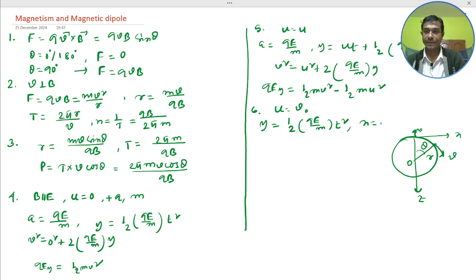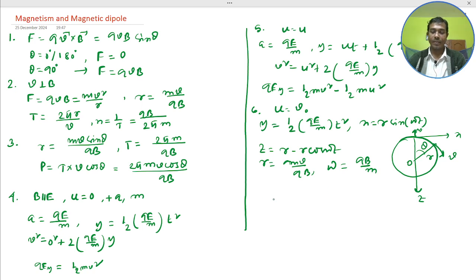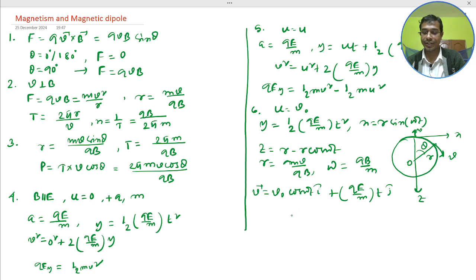So x equals r sin omega t, theta means omega t, and z is r minus r cos omega t, and here r is mv by qB and omega is qB by m, and the velocity vector of the particle, v, is v naught cos omega t i plus qE by m t in the z direction plus v naught sin omega t k.